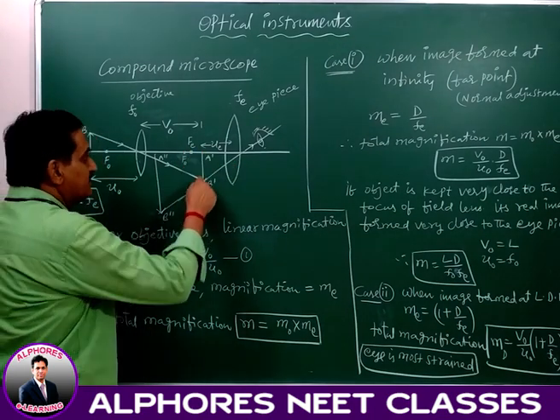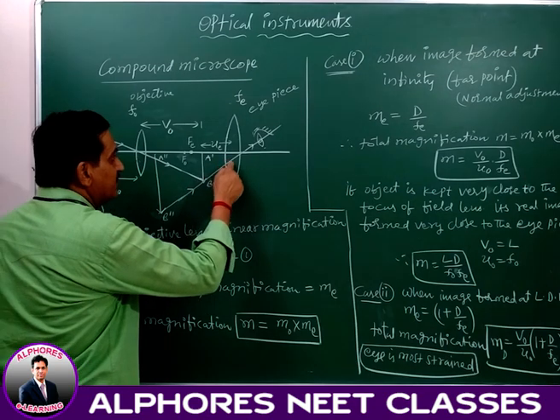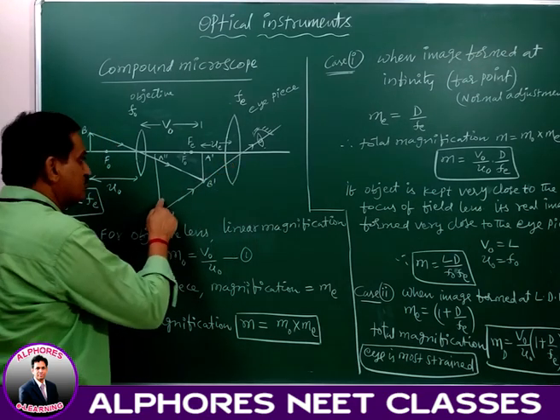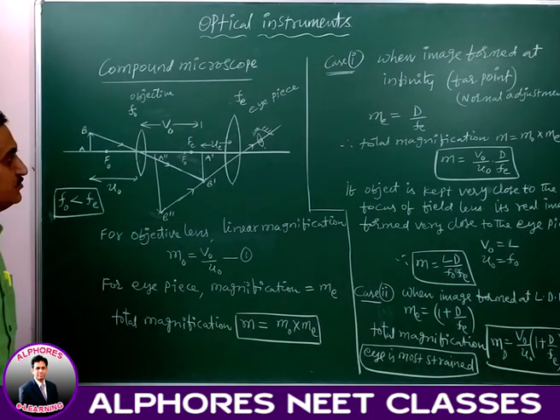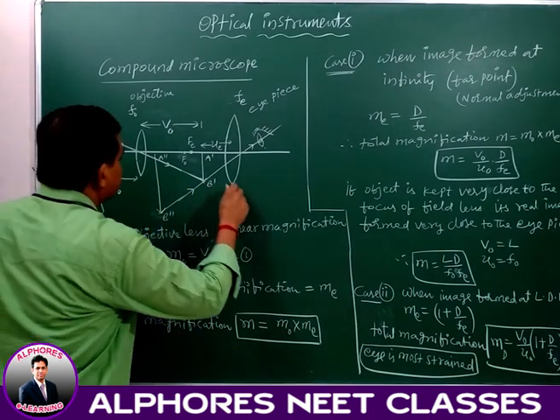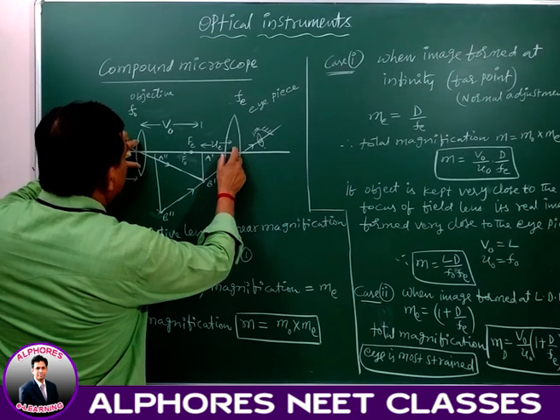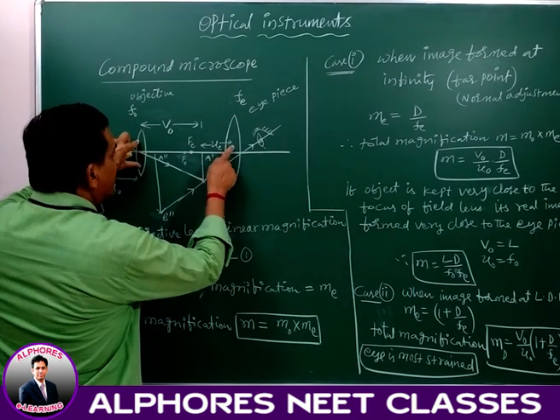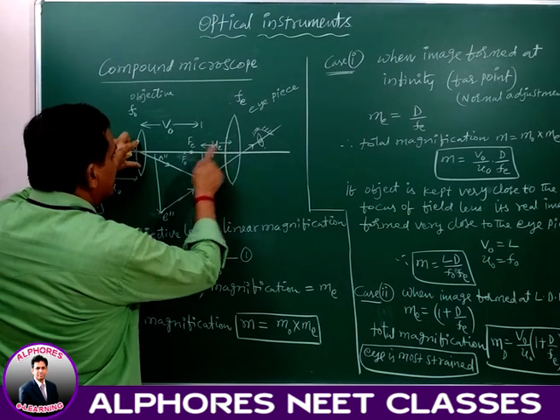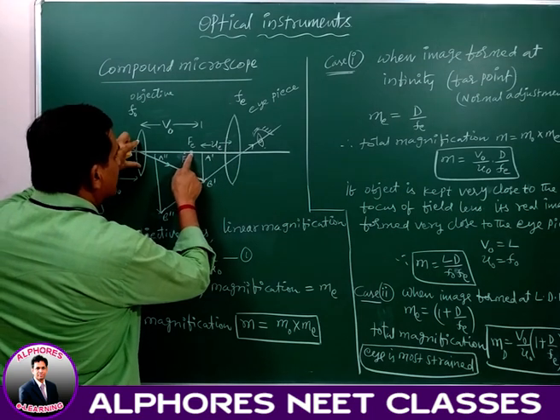Whenever the object is within the focus point, the eyepiece acts as a simple microscope, and a virtual image is formed. Okay, so this is the adjustment. Suppose this lens is slowly moved away, then the focus point of the eyepiece slowly moves back.